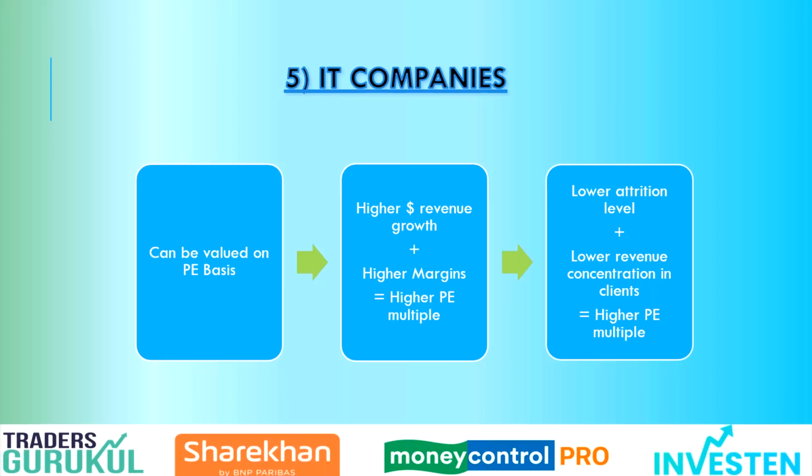So this is why I explained that TCS and Infosys generally get a higher multiple because their growth rate is higher, their EBIT margins are around 25%, and they consistently grow around 10-12% every year. I'll explain this with the help of an example in the next slide.